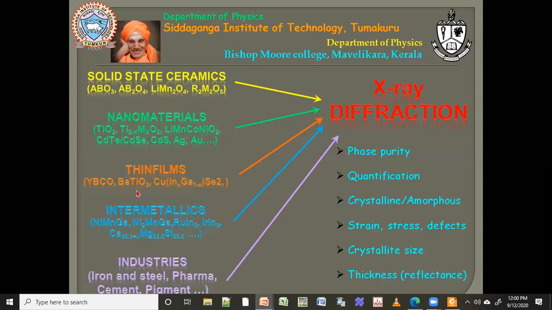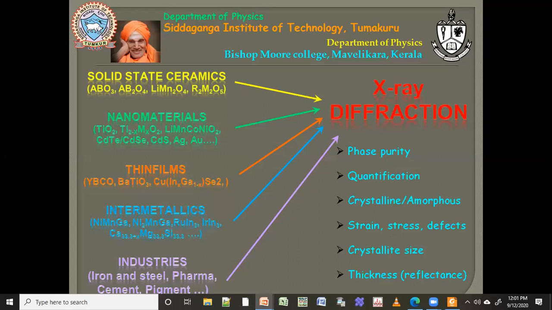If you take barium carbonate and titanium oxide and heat at 500 degrees, this may not give you barium titanate. It may still be a mixture of barium carbonate and titanium oxide, or maybe a secondary phase. So you should know the phase before going into the physical characterization, like other properties. If it is not a pure phase, then there's no meaning in doing those. That is the reason the first thing most of you do is X-ray diffraction.